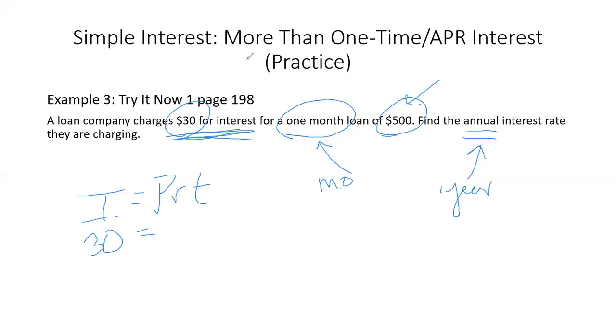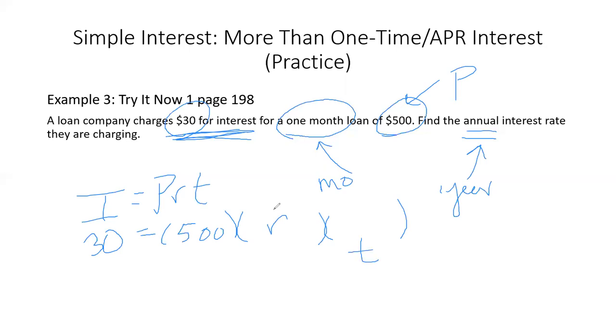And the principal, or the loan amount that we borrowed, is $500. Notice I'm looking for rate. I don't know it, so I'm going to just go ahead and put that R into that parenthesis.